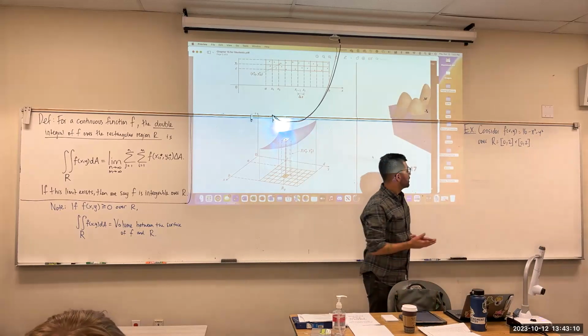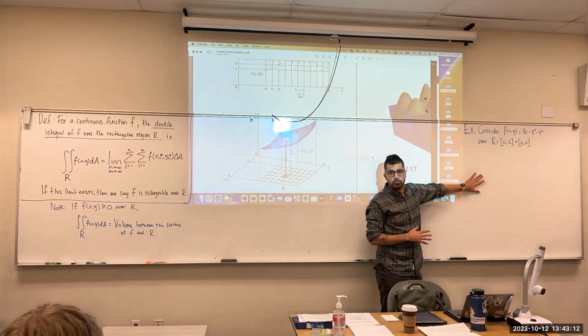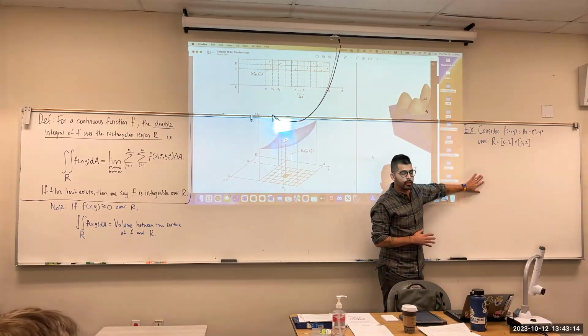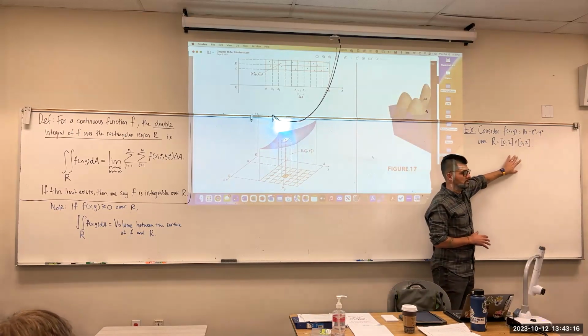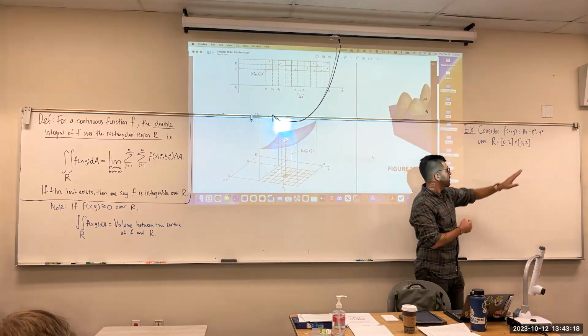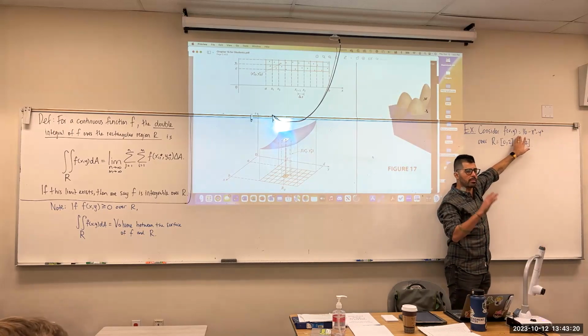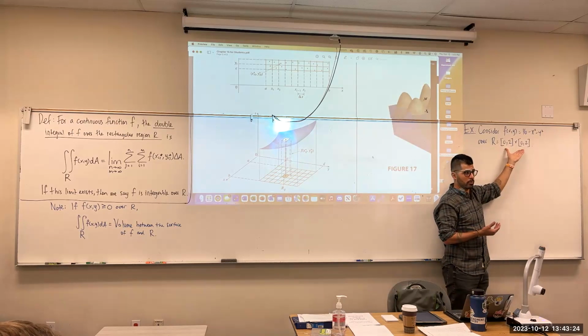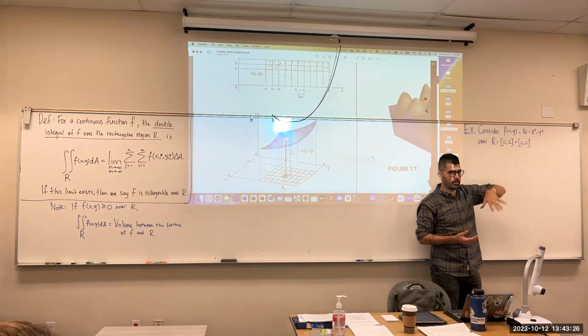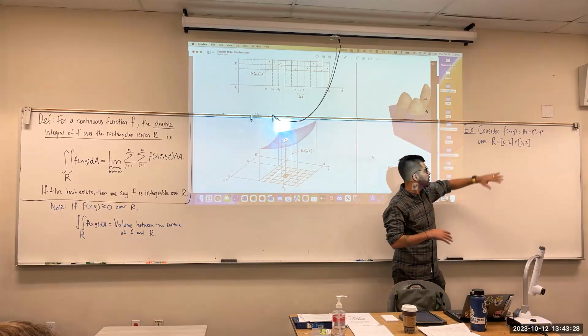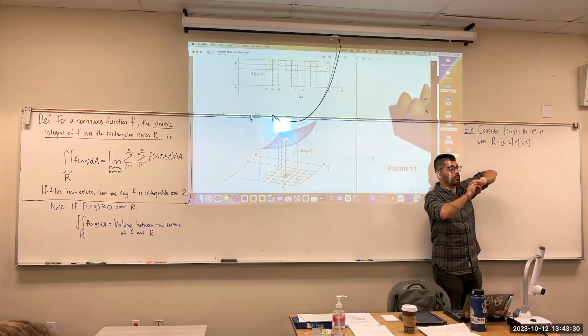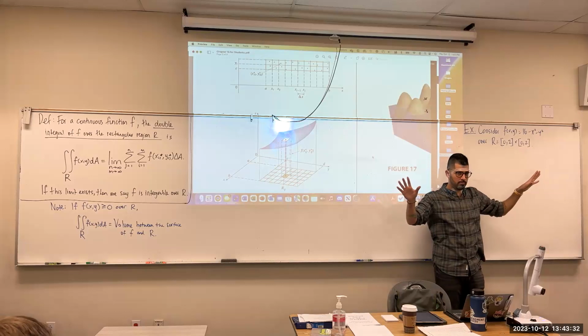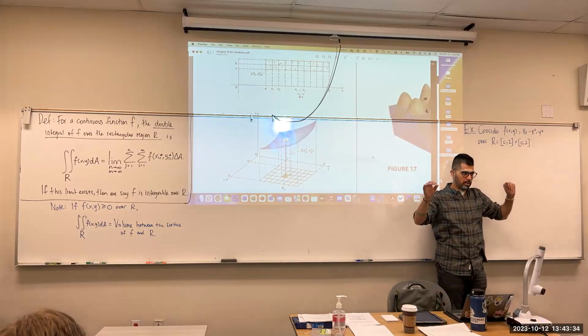All right. Can I have you guys sketch this? Sketch what you think this would look like. Sketch the surface, but then sketch what you think it would look like over this region R with your group. So try to sketch the surface of F to begin with, just to remember what that might look like.